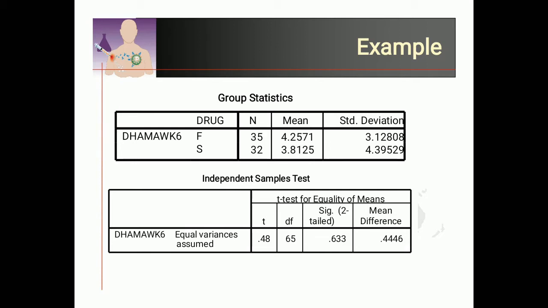Now the independent sample test: the t-test for equality of means gives t of 4.48, df is 65, significance is 0.63, and the mean difference is 0.4446.